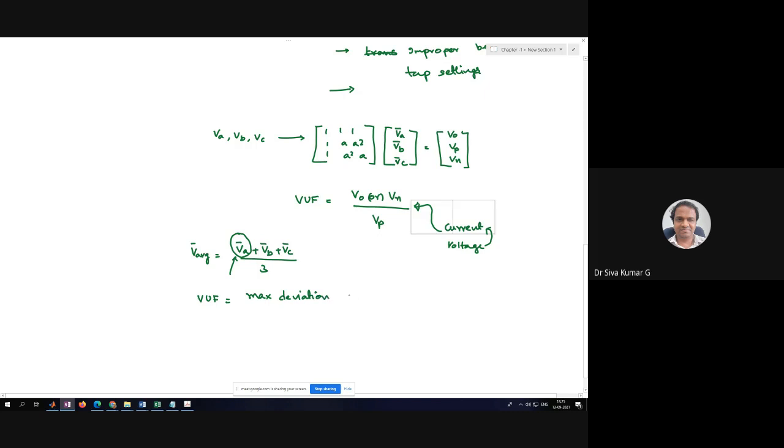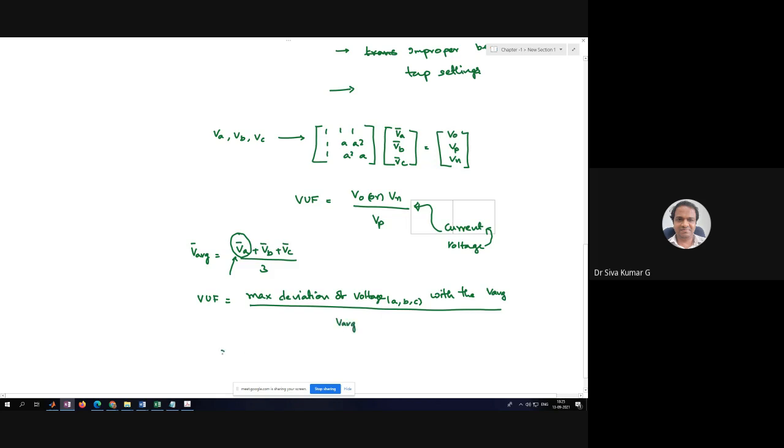Once after finding the average, the voltage unbalance factor is the maximum deviation of the voltage of phase A, phase B or phase C from the average voltage, divided by V average.